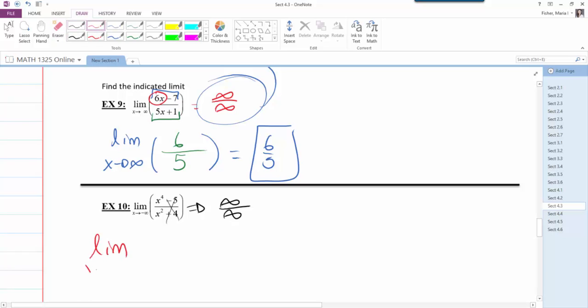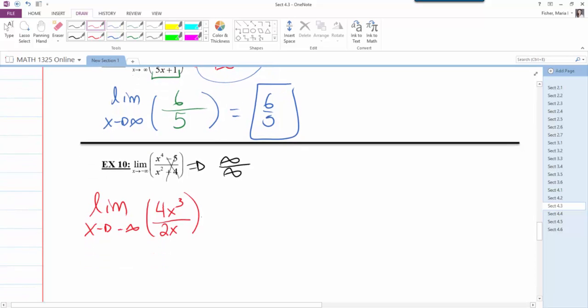Well, L'Hopital's rule says take the derivative of the numerator. Well, the derivative of my numerator is 4x^3. And take the derivative of my denominator. Well, the derivative of my denominator is 2x. And then take the limit again. But just like all the other problems we've done, let's clean this up before we take the limit.